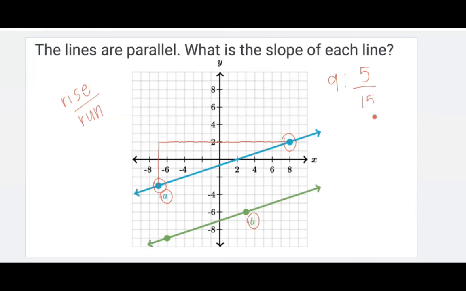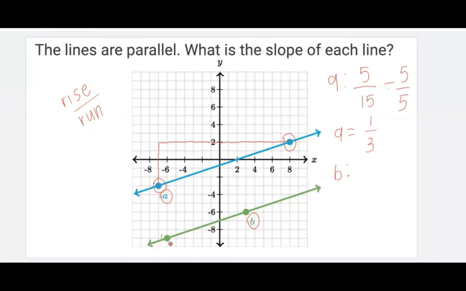Now, recall that you always want to express slope as a simplified fraction. So notice that you can reduce 5/15 by a factor of 5. So that would give your simplified slope of 1/3. Let's now find the slope of line B.